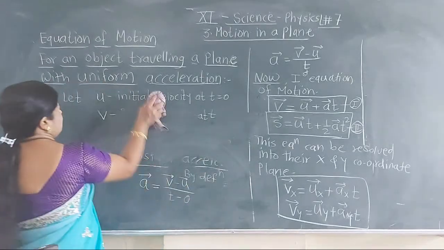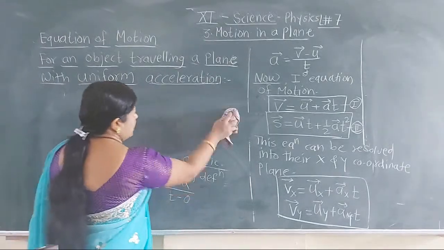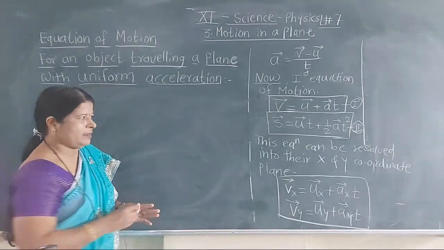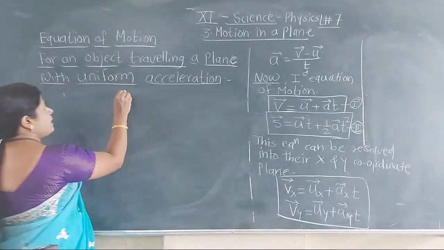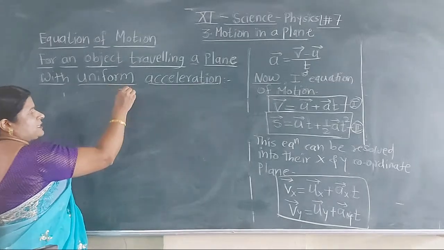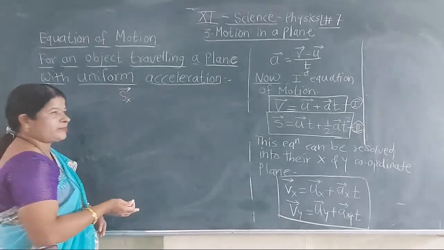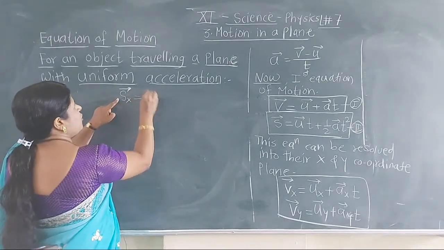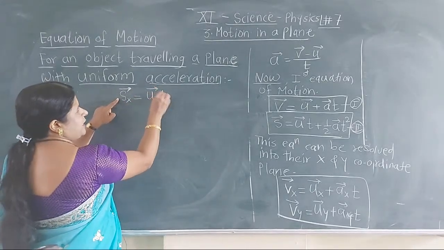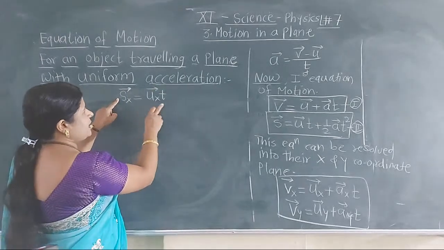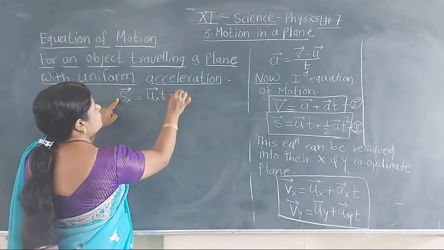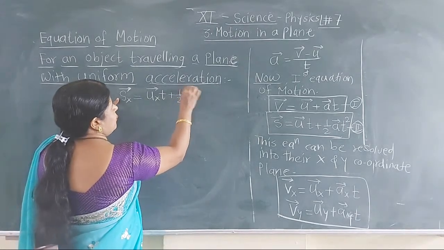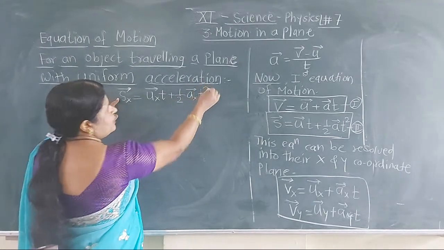The second equation we can resolve in its xy plane. So in the x plane, vector sx is equal to vector ux into t plus 1/2 vector ax into t square.